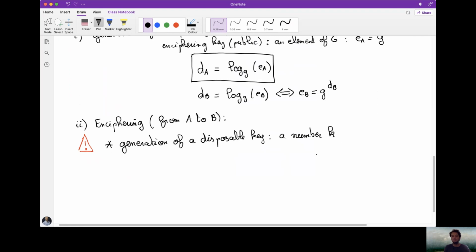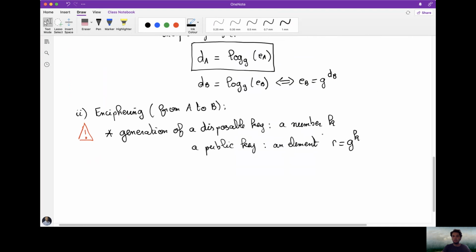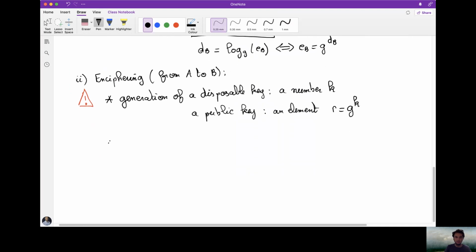And therefore there's also a public key that you generate at the same time, which is written in the same way: R is G to the power K. So the private keys are always numbers and the public keys are always elements of the group. This information R is published.